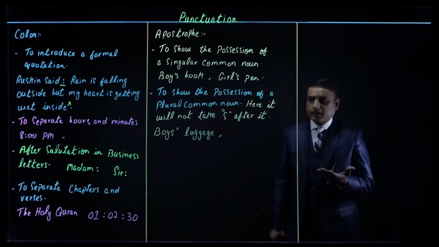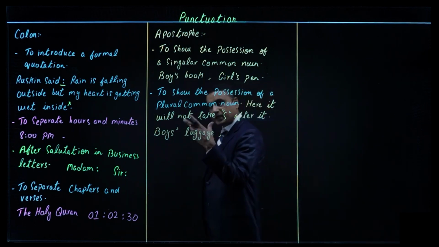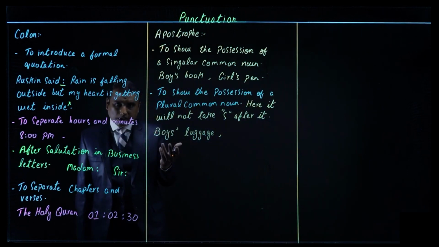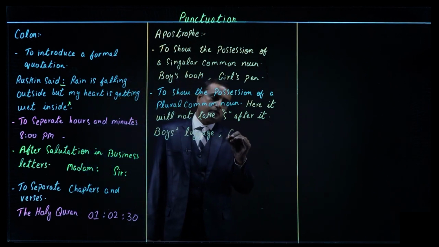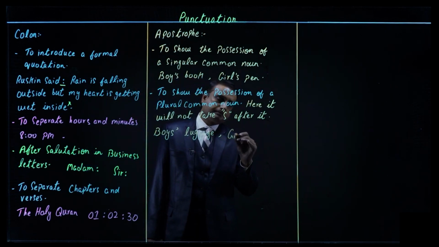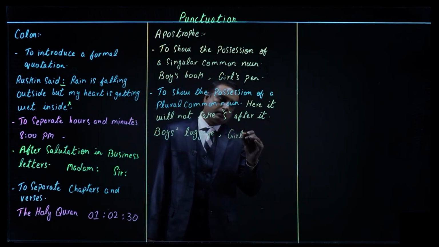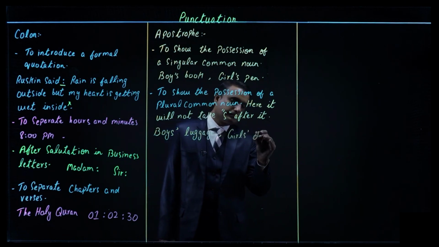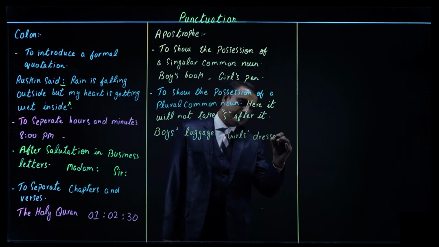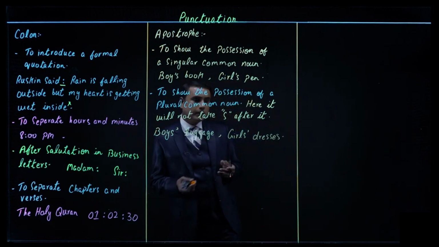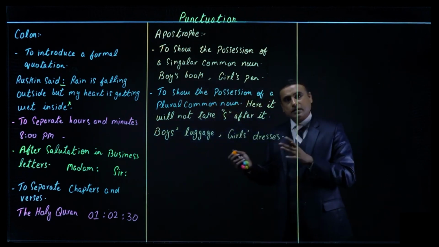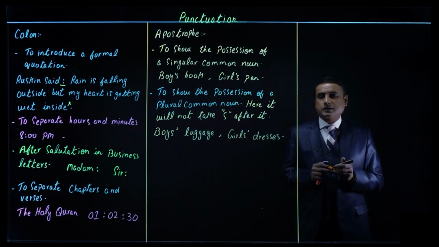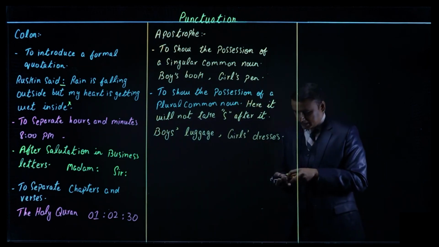So for this, after the apostrophe we do not need to use S once again. Or I say girls' dresses. Here again we do not need the S once again because it is self-sufficient, it is already plural.